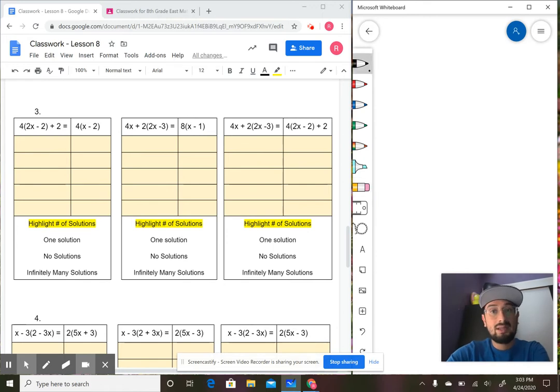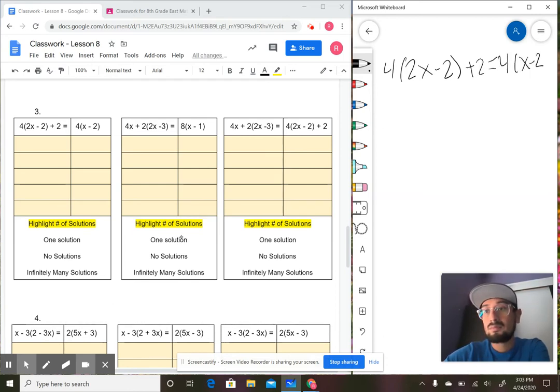So here it's getting a little more difficult. Here we can see that there's double distributive properties on both sides. You can see that there's a 2x minus 2 on one side and an x minus 2 on the other side. They're inside parentheses. So 4 times 2x is 8x. 4 times 2 is negative 8.